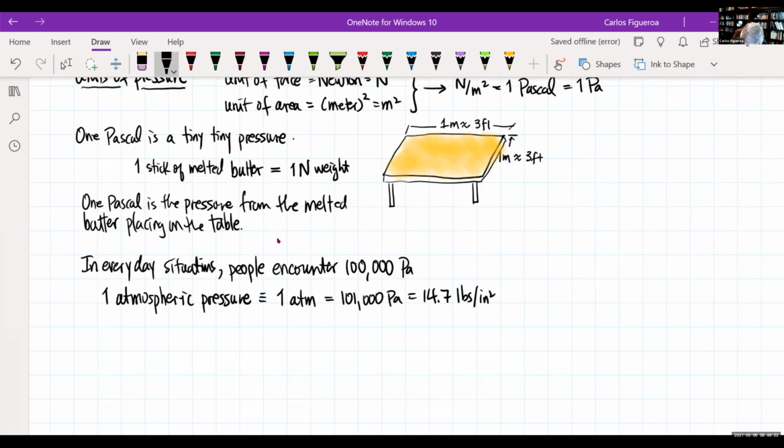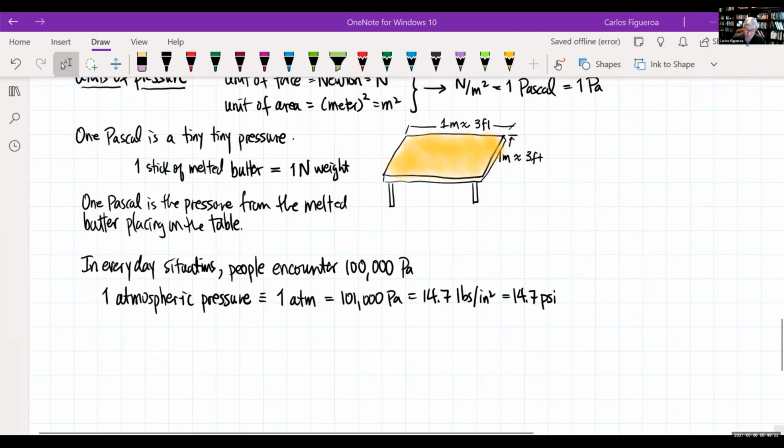And by the way, this is also 14.7 psi. And if you've ever felt 14.7 psi, you'd be shocked. You'd be really shocked. It is quite large.